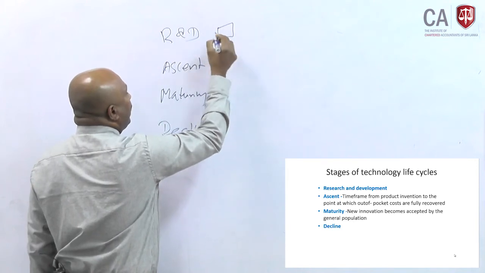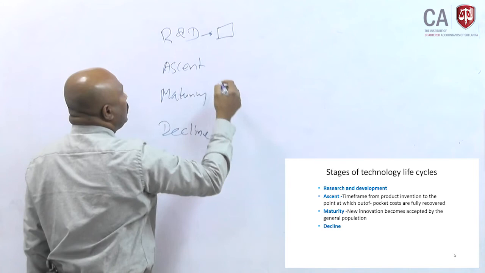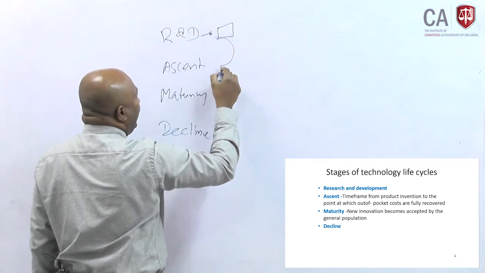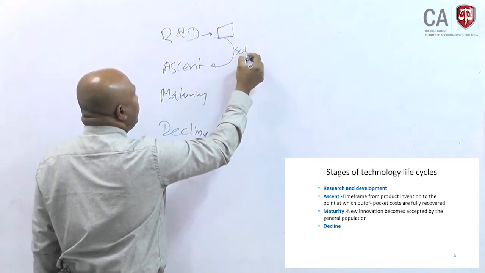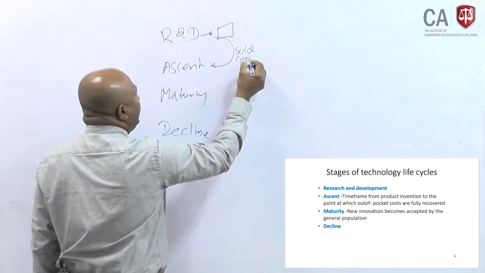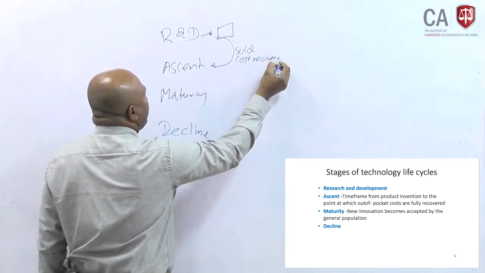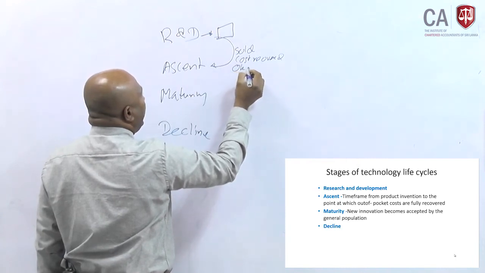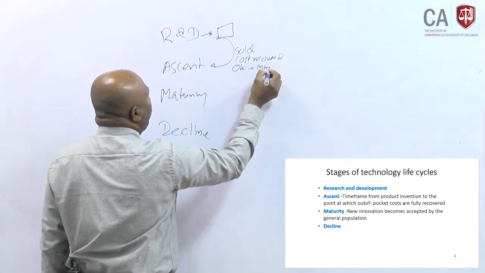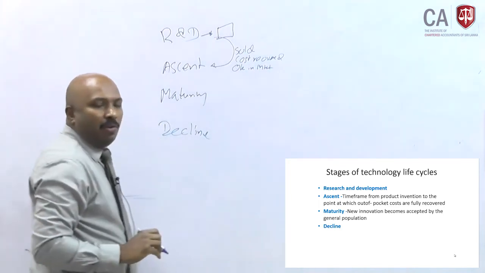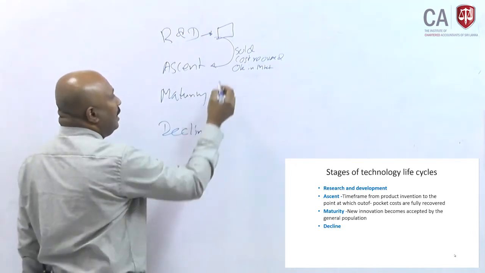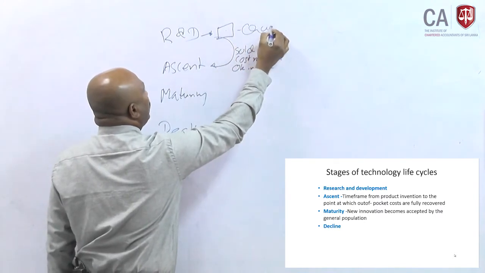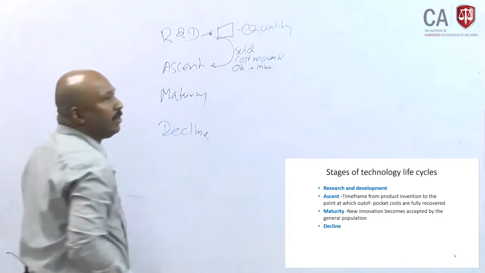You put the product to the market through the new innovation, then it is sold, cost recovered. Now you are okay in the market. It means you have achieved what you wanted, and this product has a very good quality.